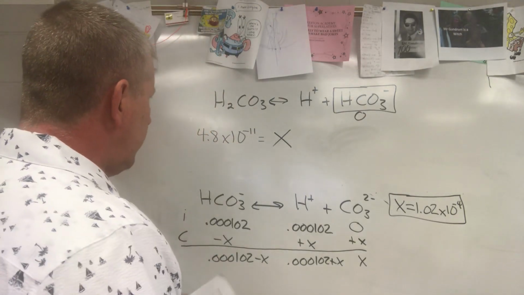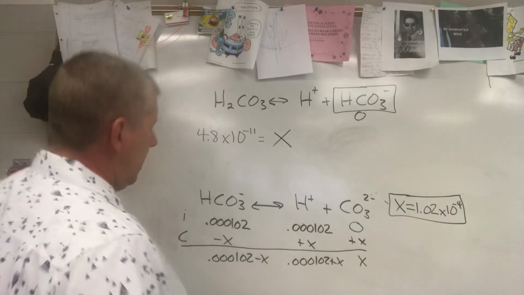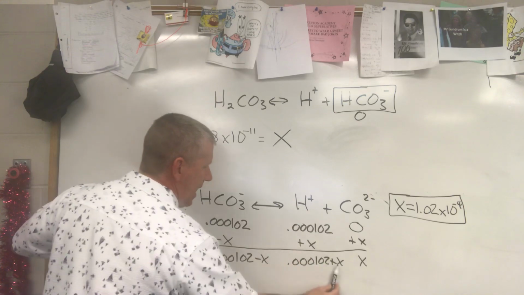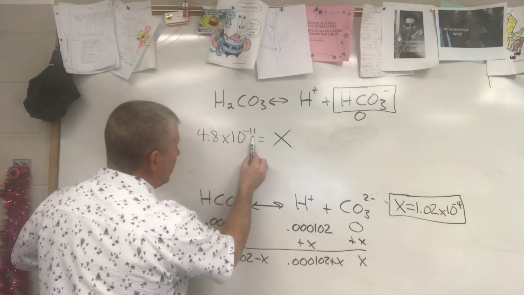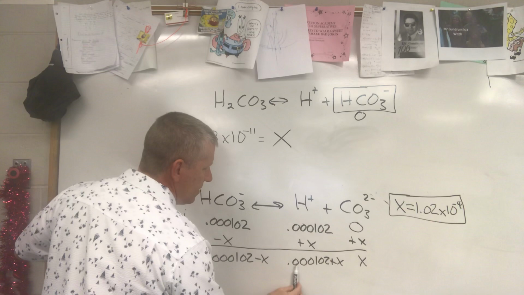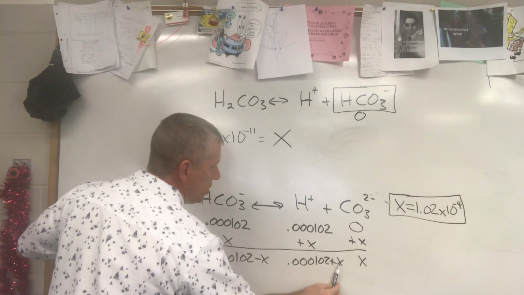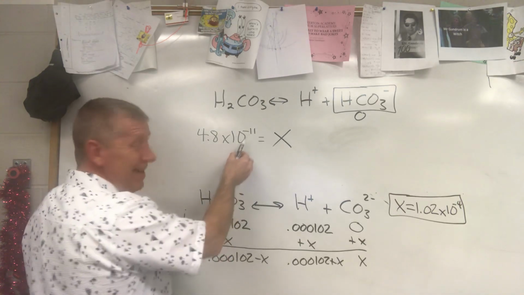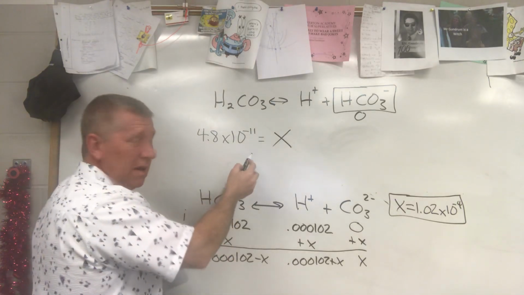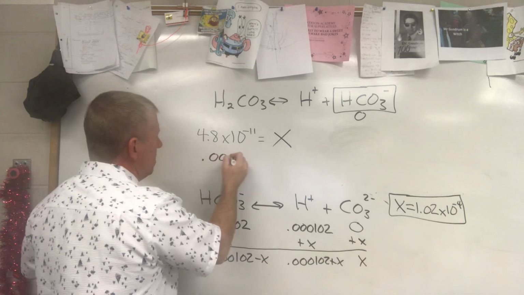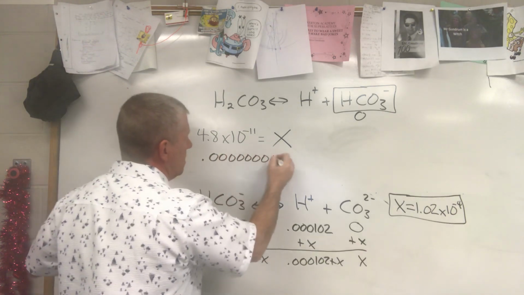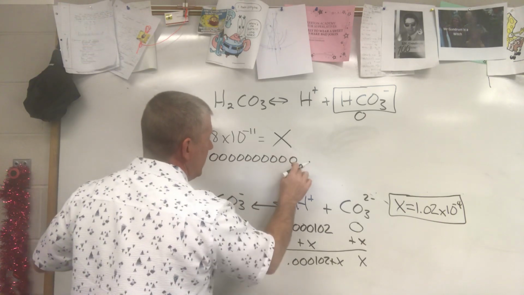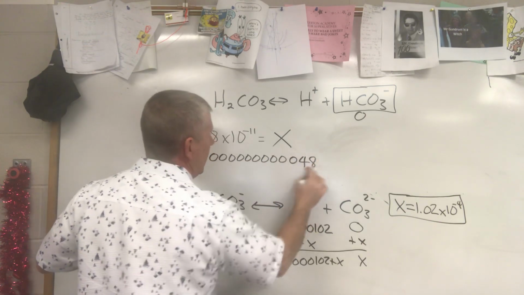Now, the total amount of H is, okay, X for the second reaction is equal to that. So we're going to take this number and add to it that. Negative 11? That's 0.0000000000, 1, 2, 3, 4, 5, 7, 8, 9, 10, 11.